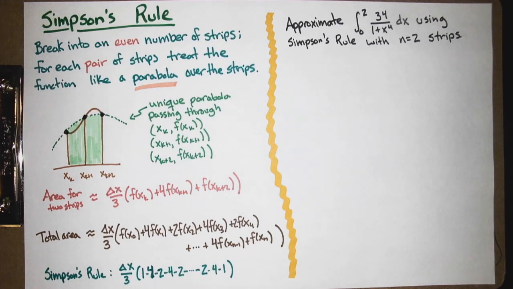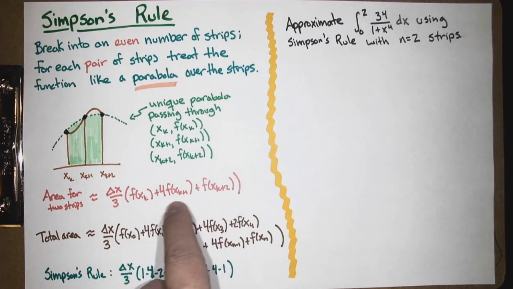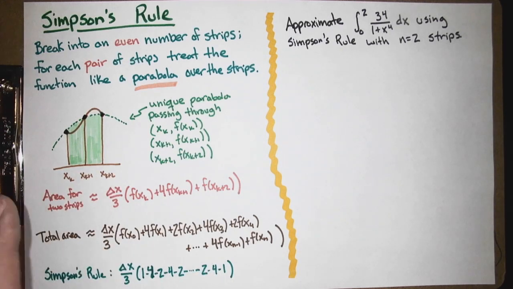Now, if you sort of run the numbers here, you say, how many points am I adding up? You can think of it as 1 plus 4 plus 1. That's how many pieces of data. That's 6. Divide by 3 makes 2, and you have 2 intervals. So it's at least in the right ballpark. So that's good. All right, so now that's for 1 pair.